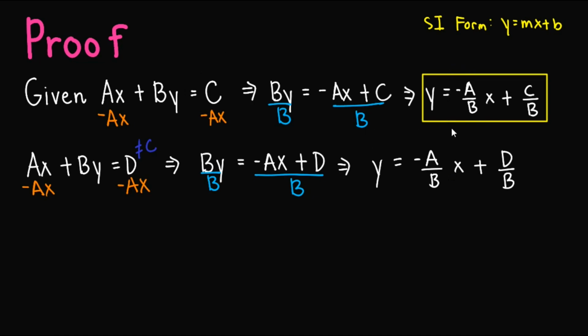Take note that the slopes here are equal. Moreover, the y-intercepts here are not equal. If we recall, the important property of parallel lines is that their slopes are equal while their y-intercepts are not equal.